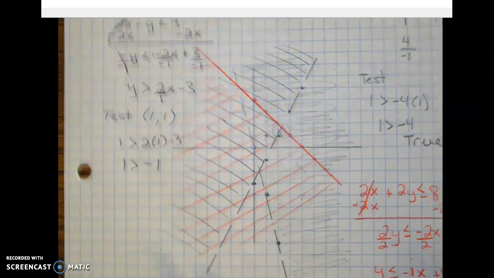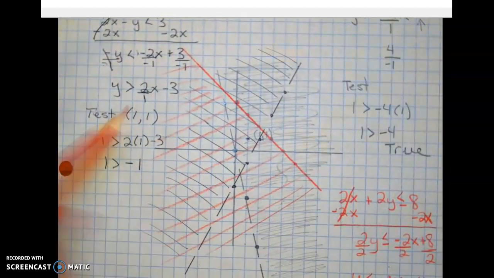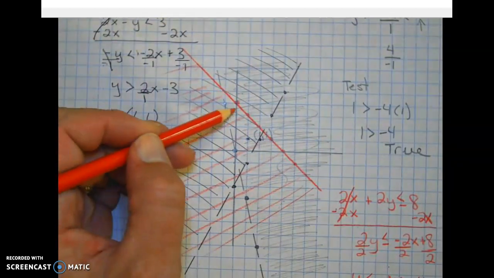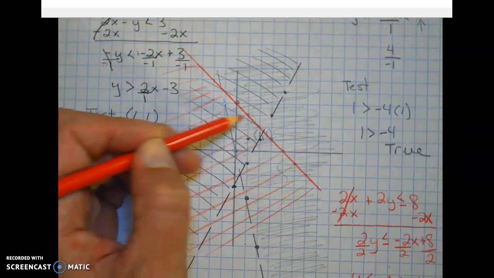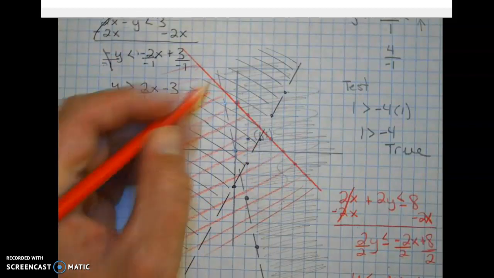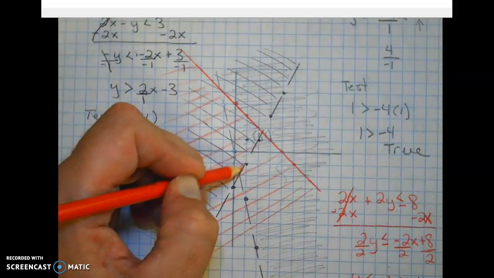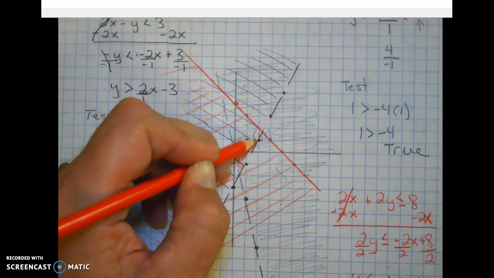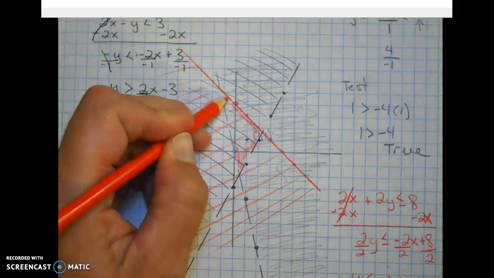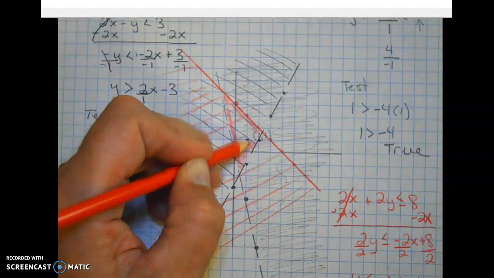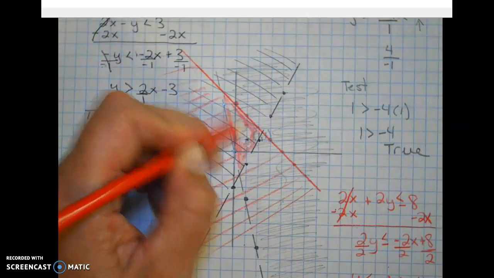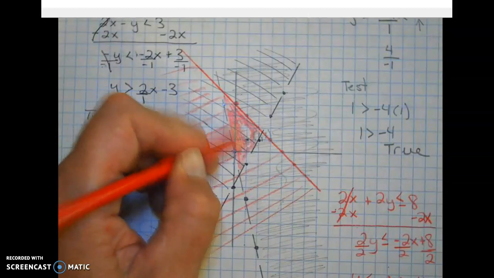Now, where is the solution to this system? Well, we have some pencil, we have some pen, and we have some red pencil. So we're going to make this part right in here nice and dark. Make it nice and dark. So all the points that lie in this triple shaded region will be a solution to your system.